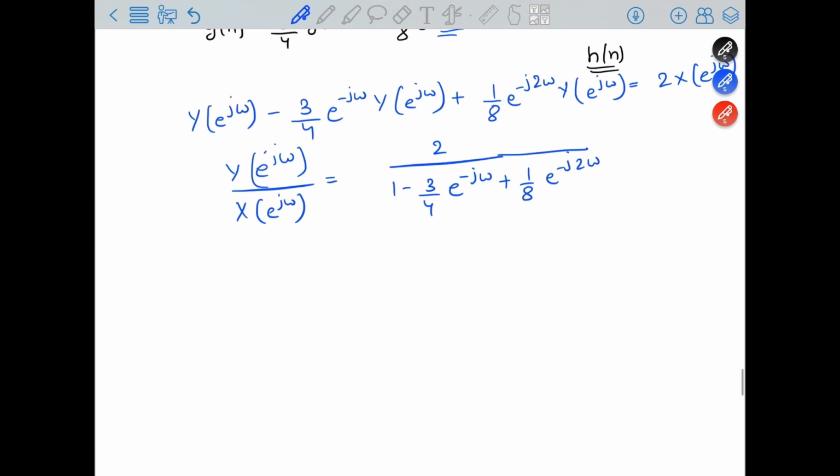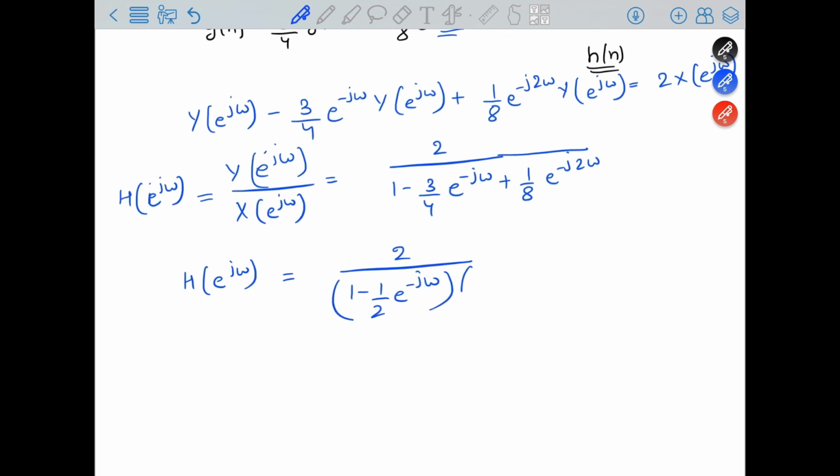And we know that the ratio of the Fourier transform of the output and input is the Fourier transform of the impulse response. So this will be the expression for H(e^{jω}), and we can write it in factorized form as 2 over 1 minus 1/2 e^{-jω}, multiplied with 1 minus 1/4 e^{-jω}.